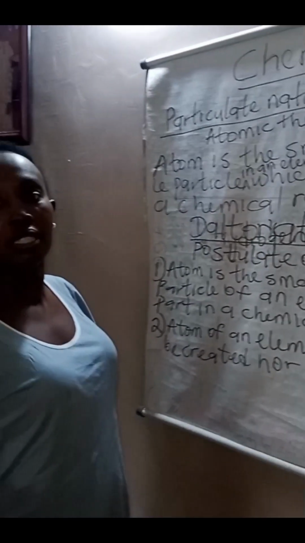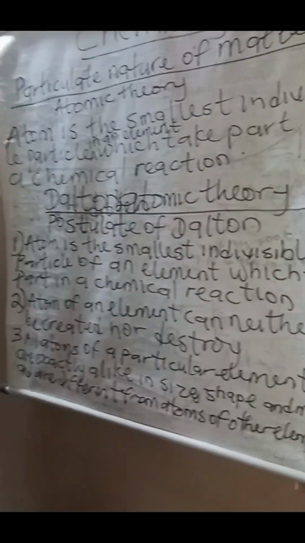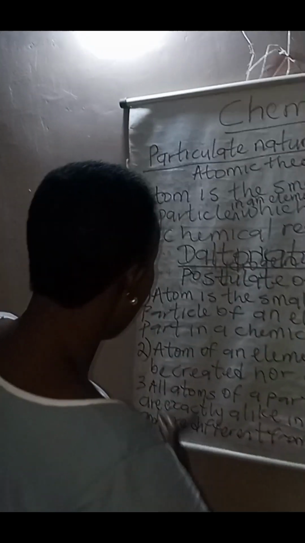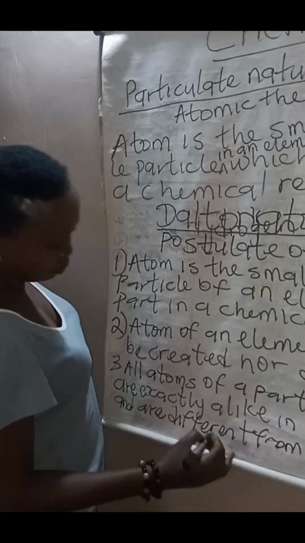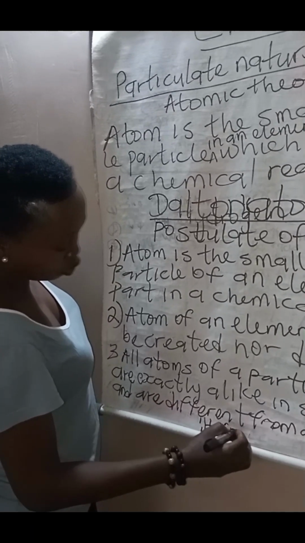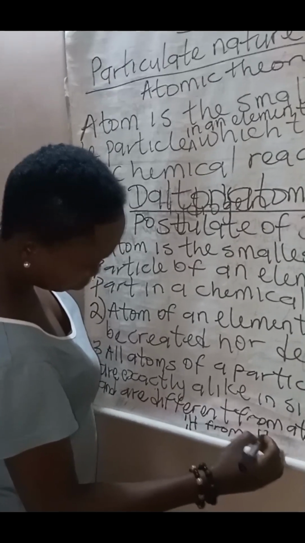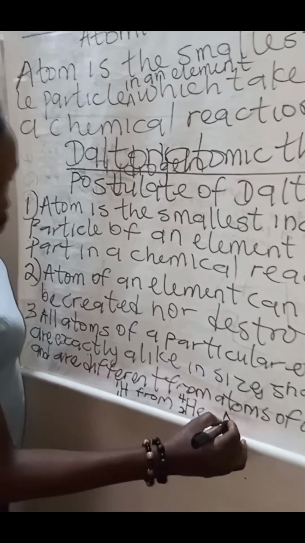Atoms of an element are exactly alike in size, shape, and mass, and are different from atoms of other elements. For instance, it's telling us that the atom of hydrogen differs from the atom of helium or sodium.